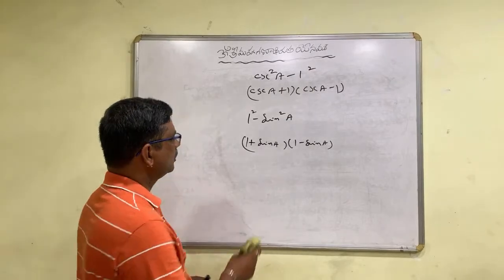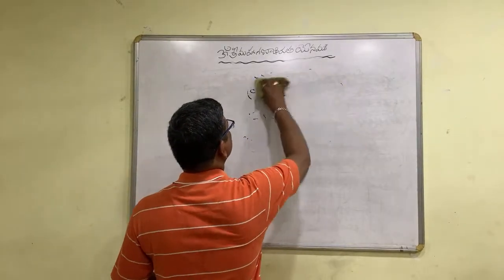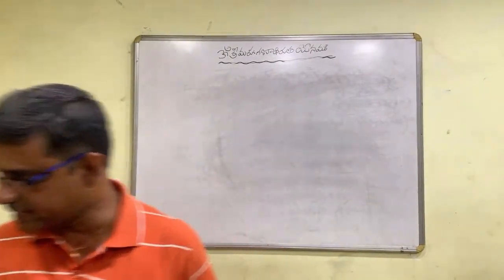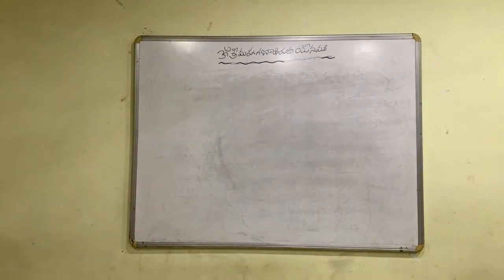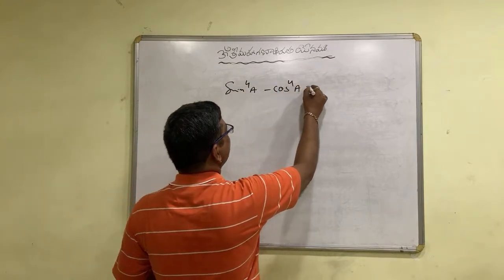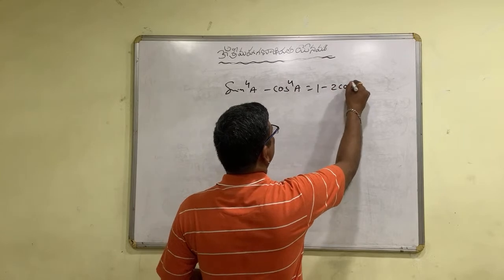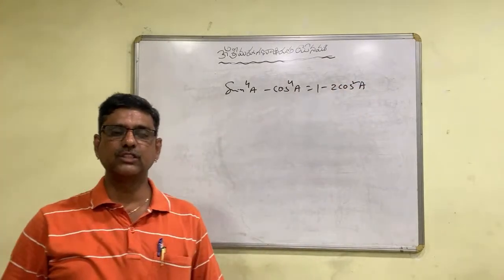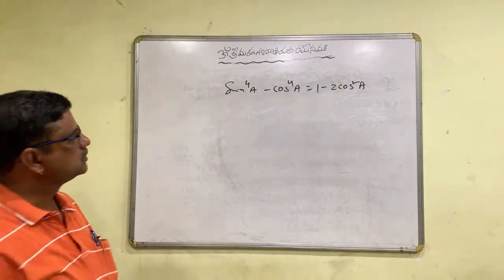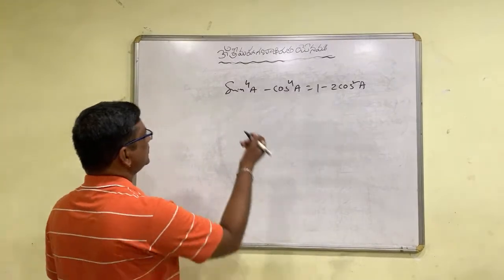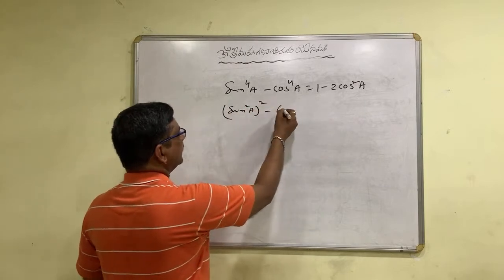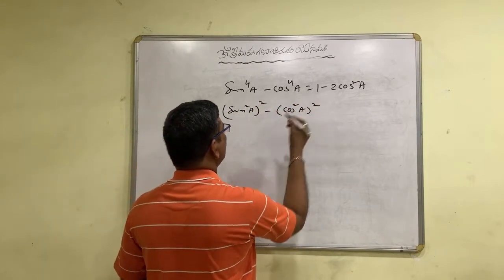Okay? So here I am going to start problem number 1 from R.S. Agarwal. That is sin power 4A minus cos power 4A equals 1 minus 2 cos squared A. This is the first problem in trigonometric identities in R.S. Agarwal. So how to do this? As I told you, write this one as sin square A whole square and this one as cos square A whole square.